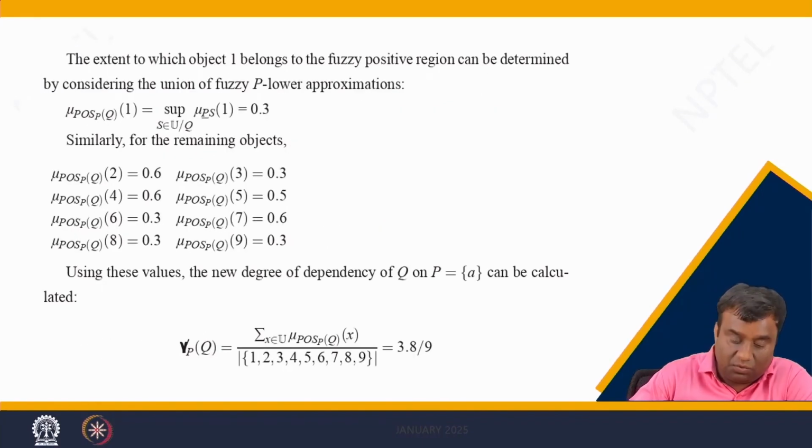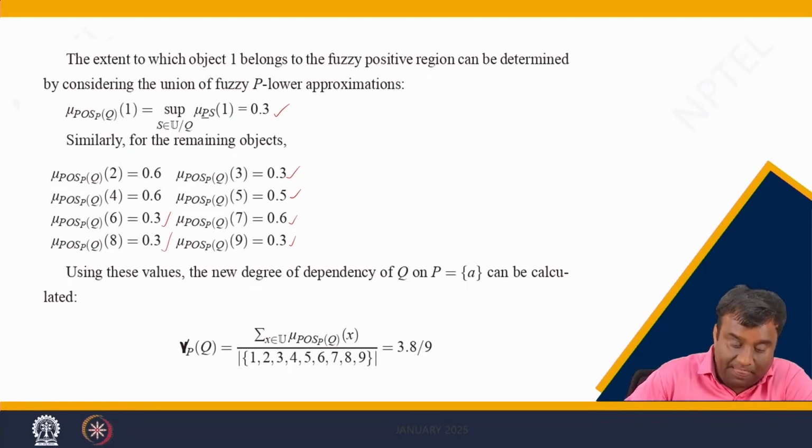So here you will find the positive region supremum is, for 1 it is 0.3, for 2 it is 0.6, for 3 it is 0.3, for 4 it is 0.6, for 5 it is 0.5, for 6 it is 0.3, for 7 0.6, for 8 0.3, for 9 it is 0.3.